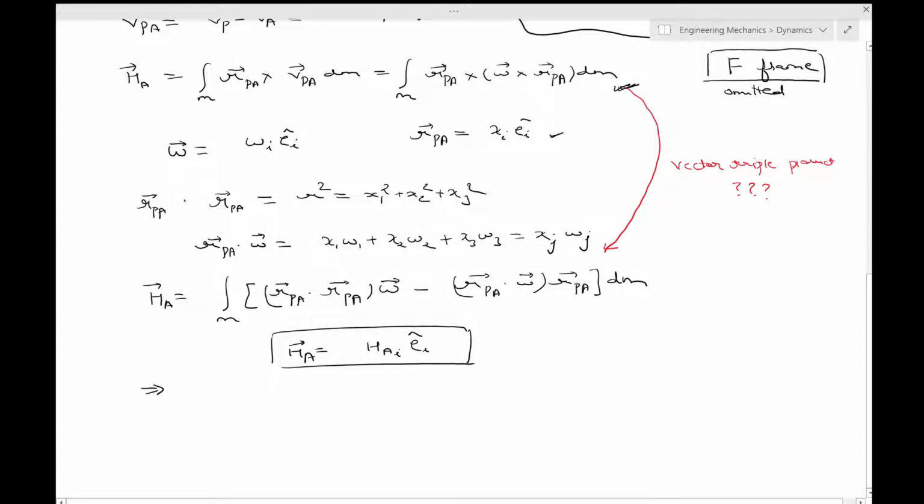So I want to write its HAi is equal to M R square omega i minus xj omega j xi dm.